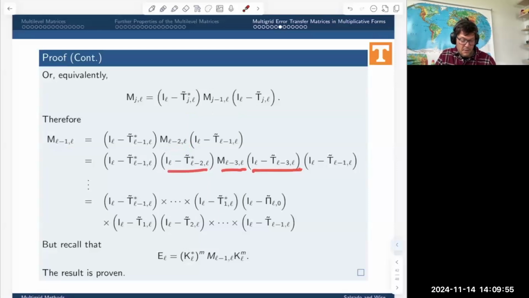Okay, I can go lower and lower. So the next one would be L minus 4L, and I would get another product of these I minus T matrices until I go all the way to the bottom.